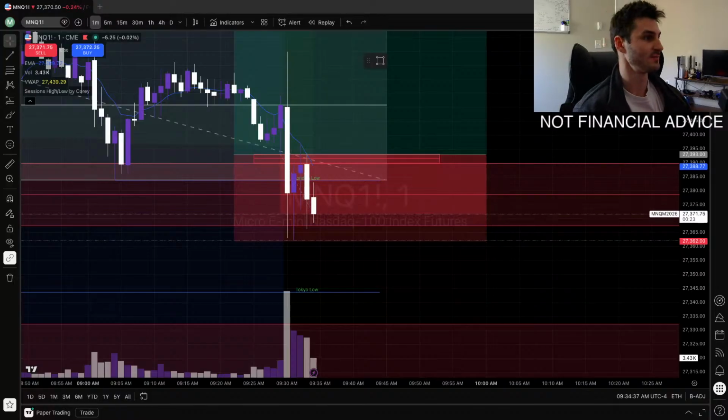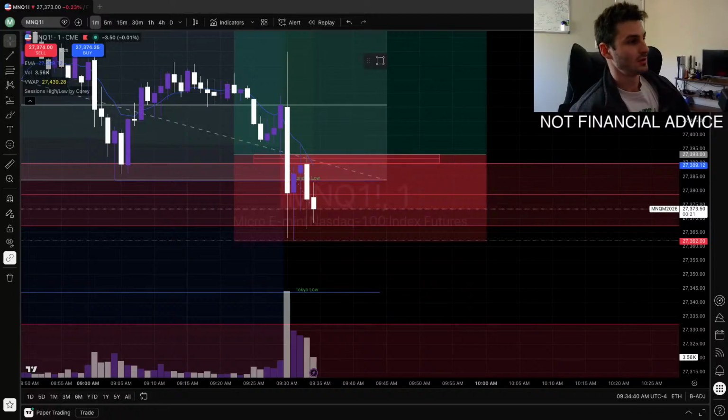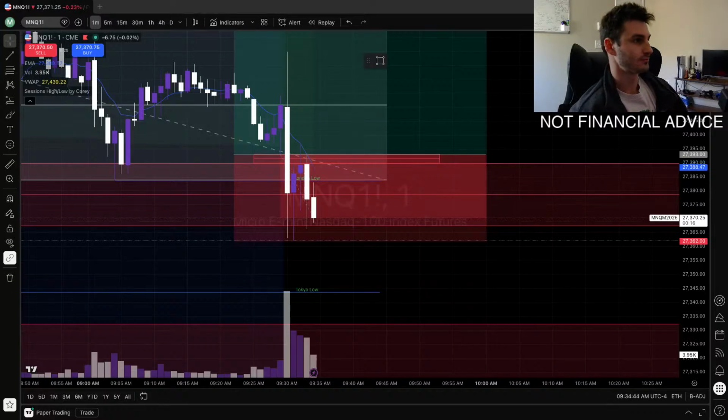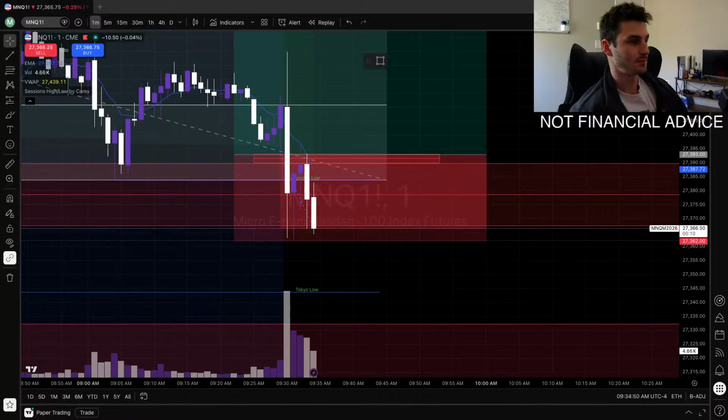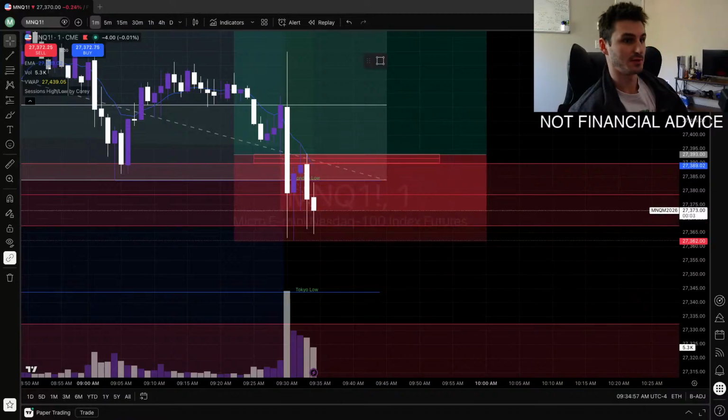This won't be the same trade. We'll have to wait for new structure if that's the case. Looks like we might take low day. Which again, I don't care. Doesn't affect me.